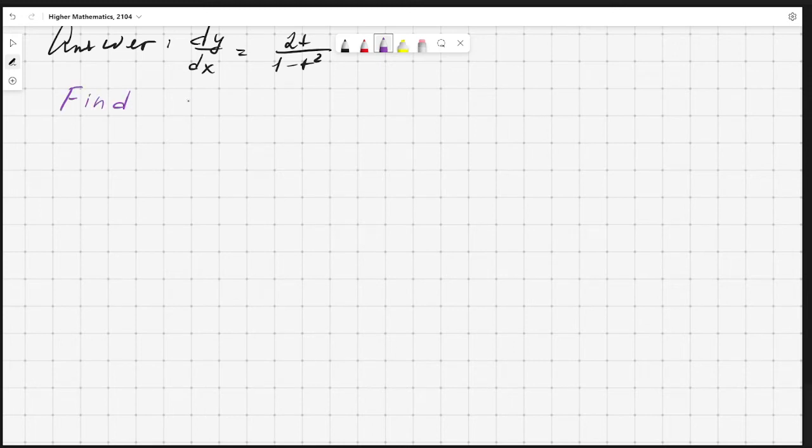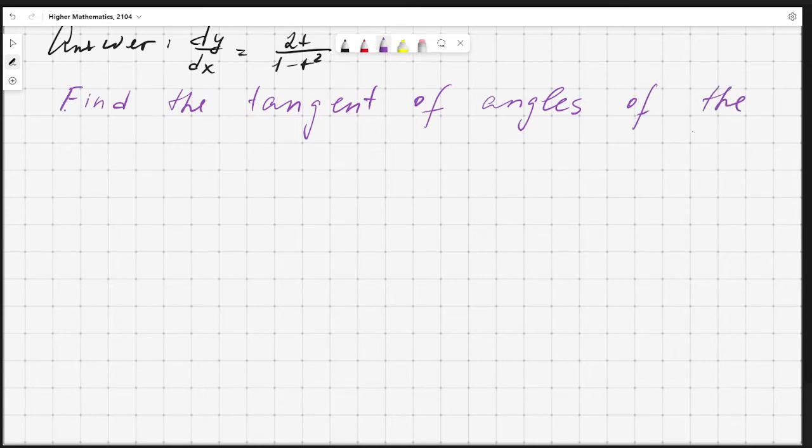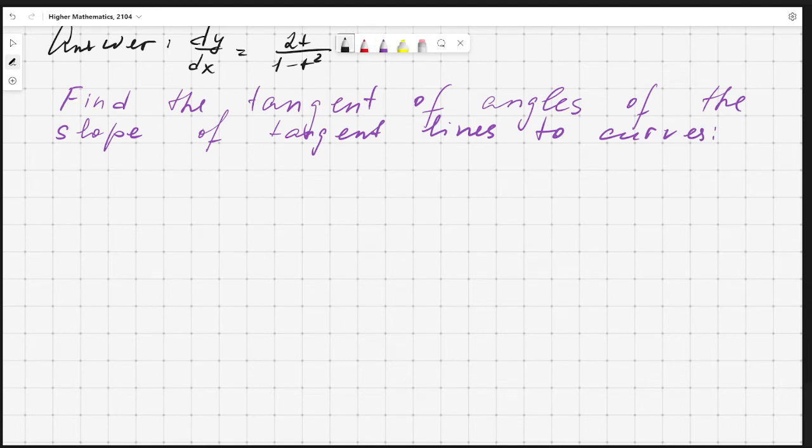Find the tangent of angles of the slope of tangent lines to curves. 157.